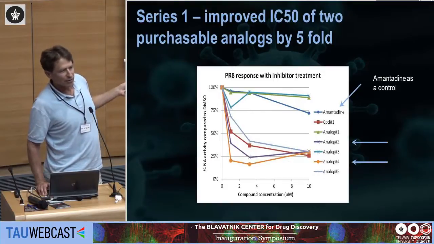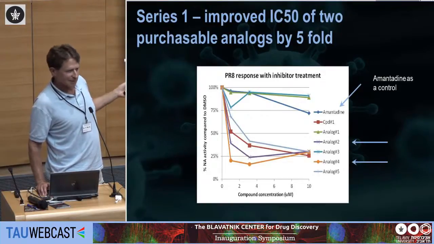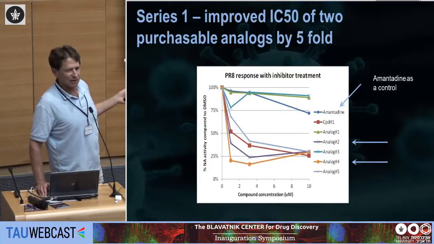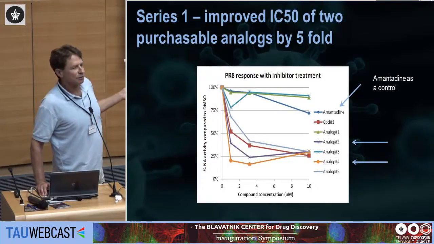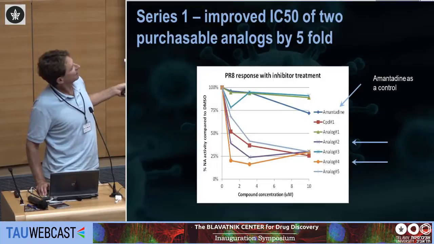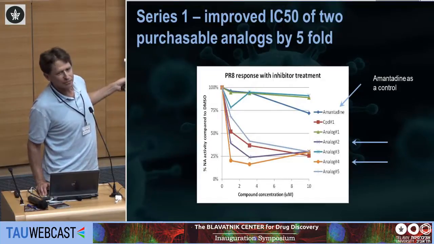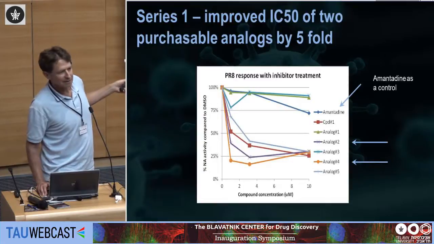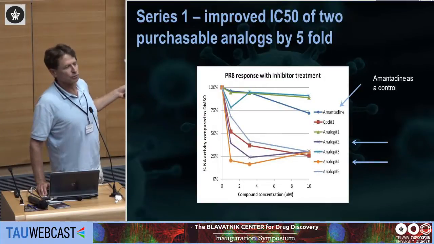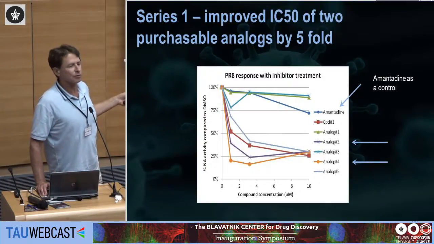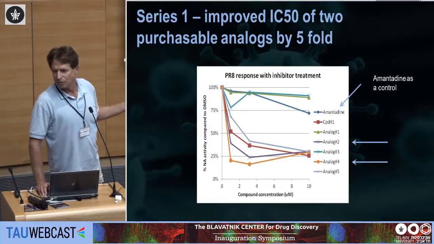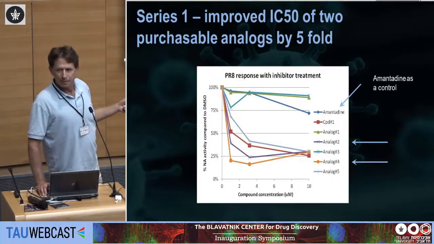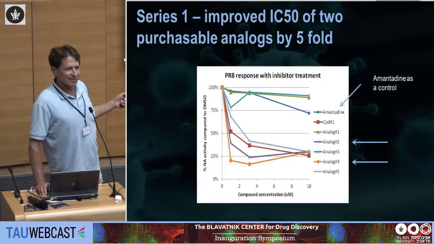And that's because of the mutation that makes the channel insensitive to Amantadine. So the take-home message from this slide is that these two analogs are better than Amantadine. So they are able to bind and, theoretically, inhibit virus with the mutation that dominates the population now.